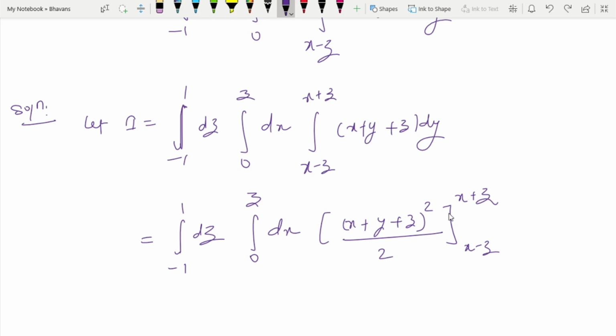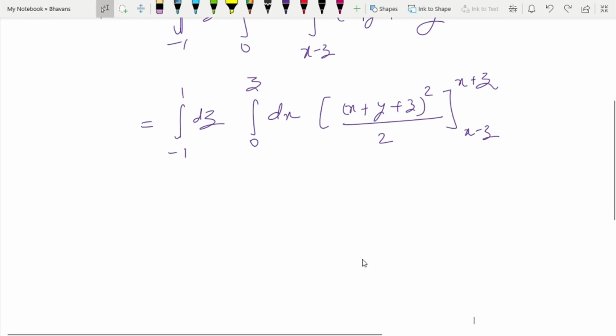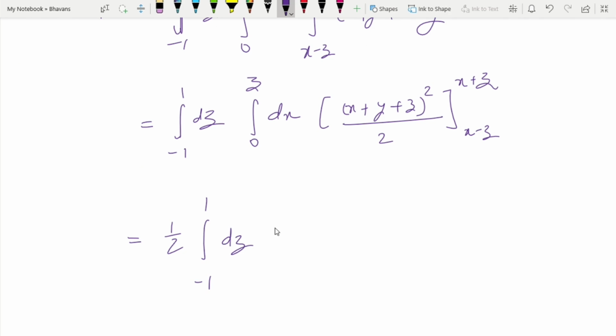Now we need to substitute the upper limit x plus z for y and the lower limit x minus z for the variable y, and we can pull out this particular 2 from the entire integral. So -1 to 1 dz, 0 to z dx.